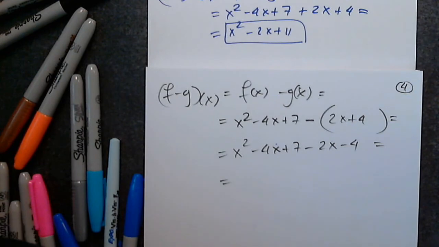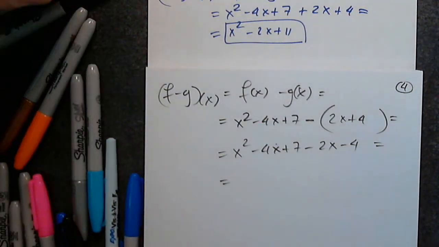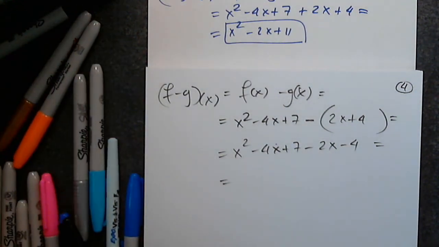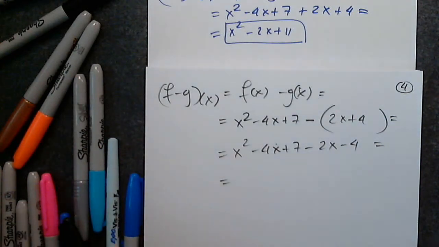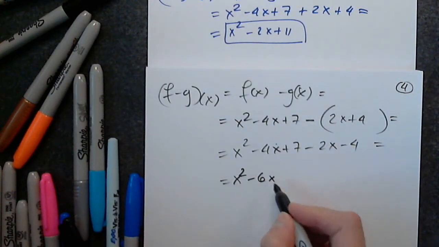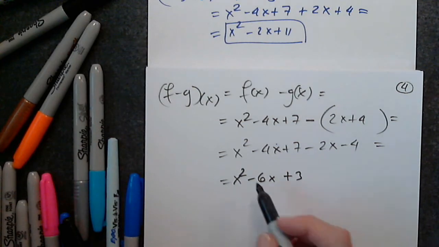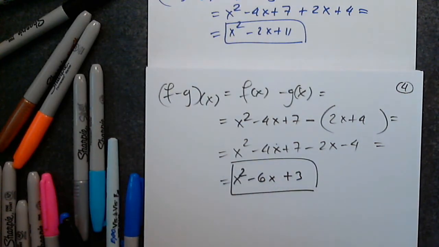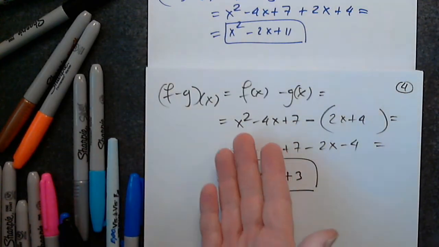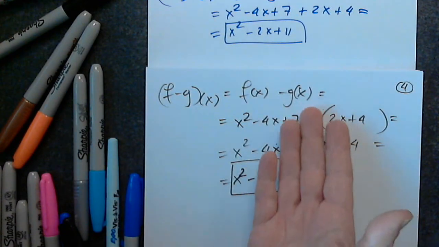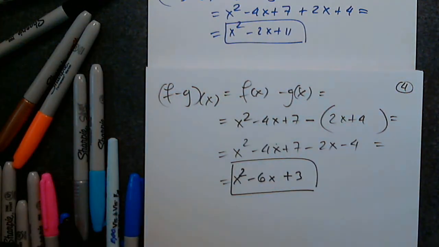As I said, nothing difficult here. I just have to write a lot. So this is x squared minus 6x plus 3. And this is a new function, obtained by subtracting g of x from f of x, or f of x minus g of x.